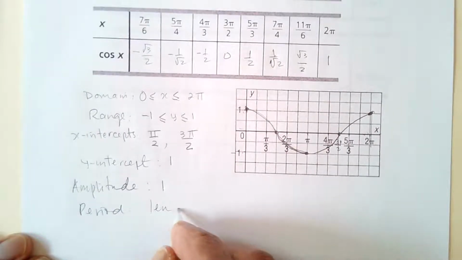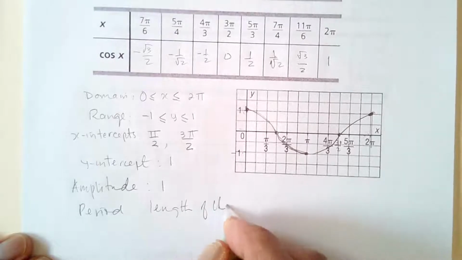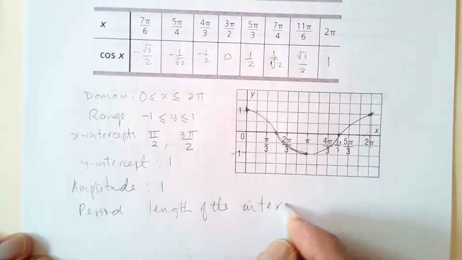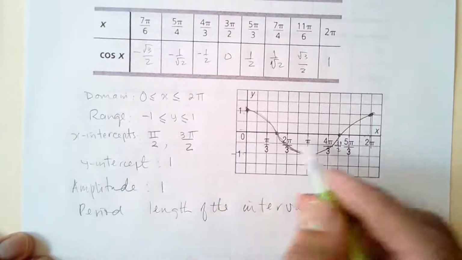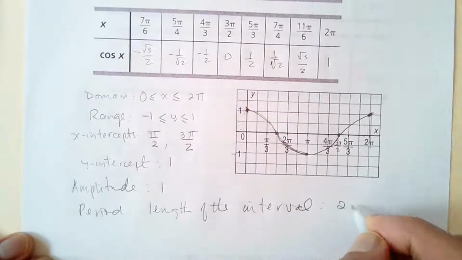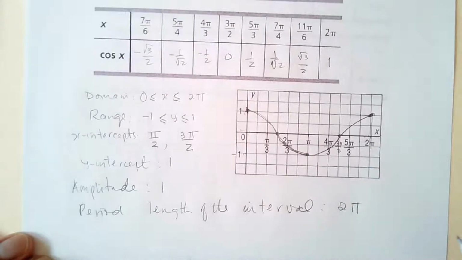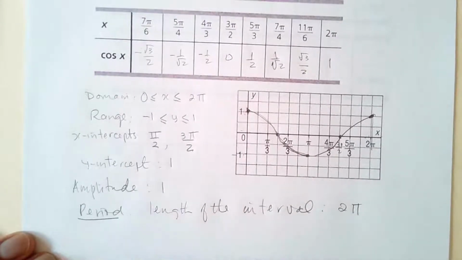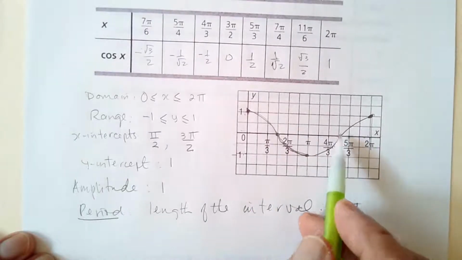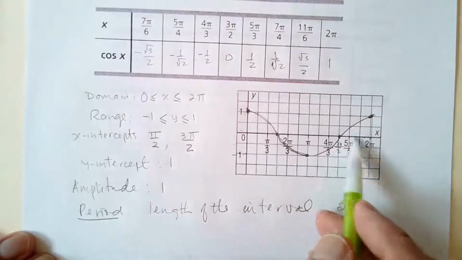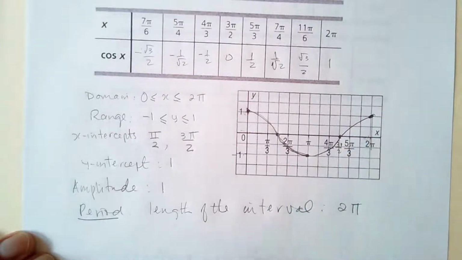It's measured along the horizontal axis here, right? So in this case, it is 2 pi. What is the measurement also of the cycle? The length of each interval measured along the x-axis, or the horizontal axis, is the period. In this case, it is 2 pi.